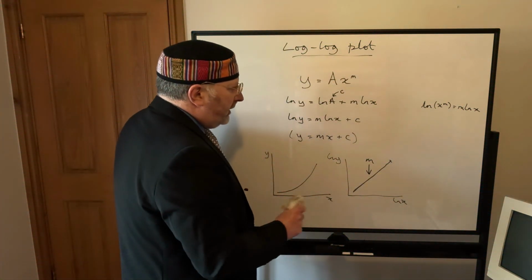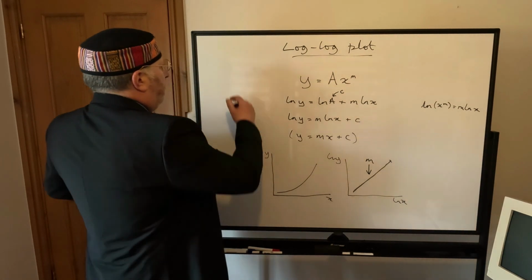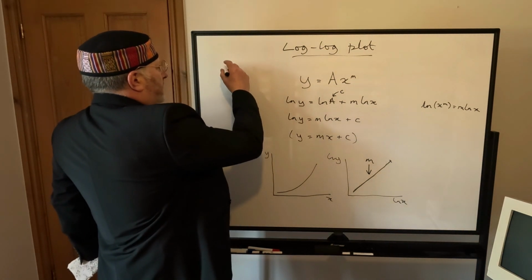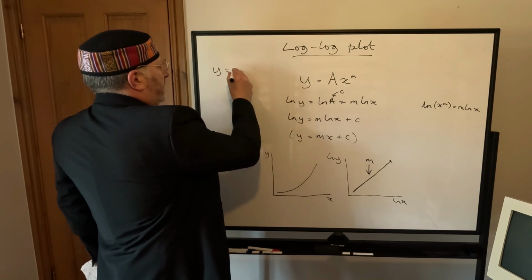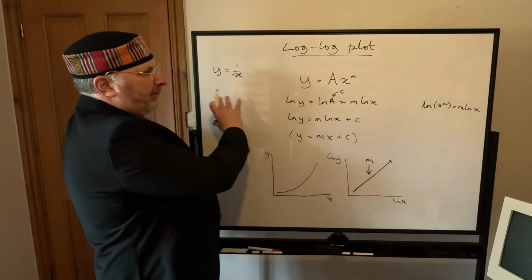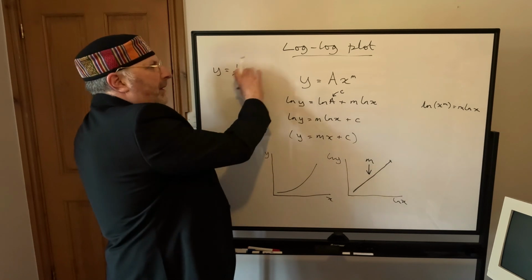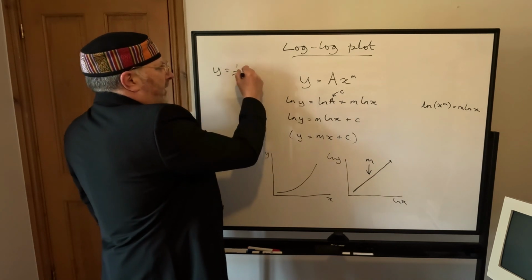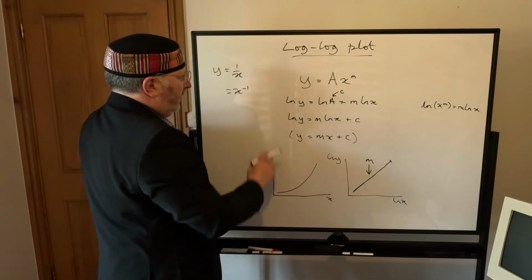And we've seen a special case of this with hyperbolic growth, which we said for studying hyperbolas is something like y equals 1 over x. A double logarithmic plot is a way of showing it's a hyperbola because it will be a straight line of slope minus 1, and that's just a special case of this.